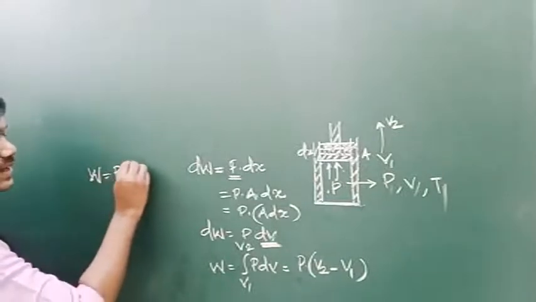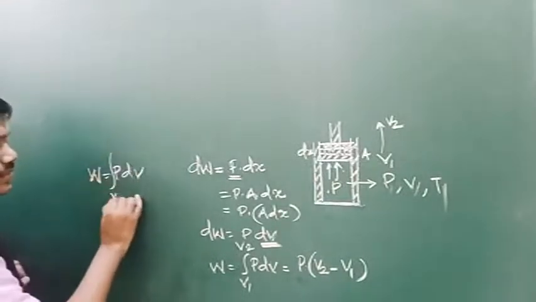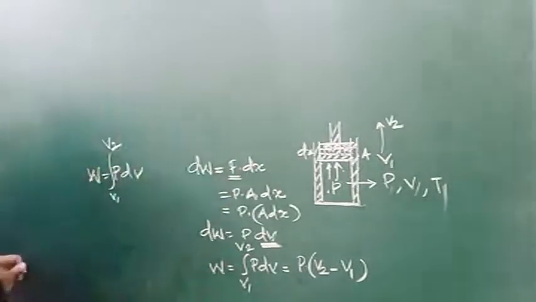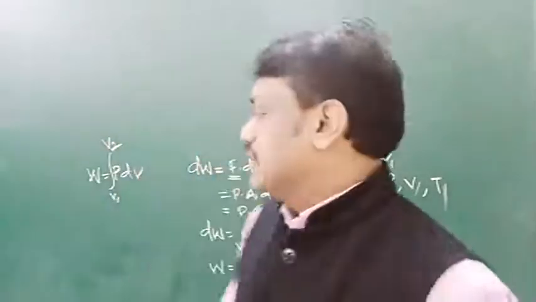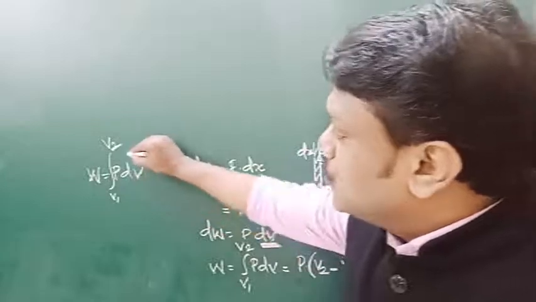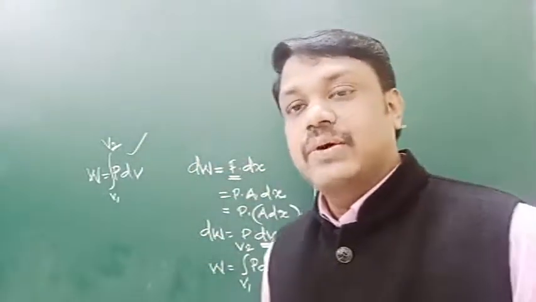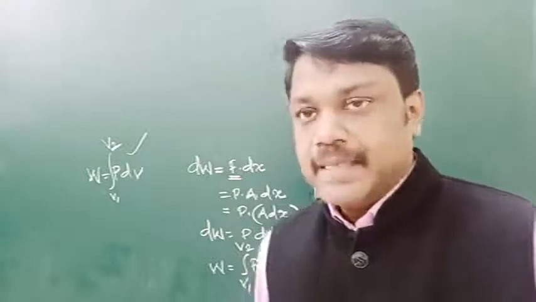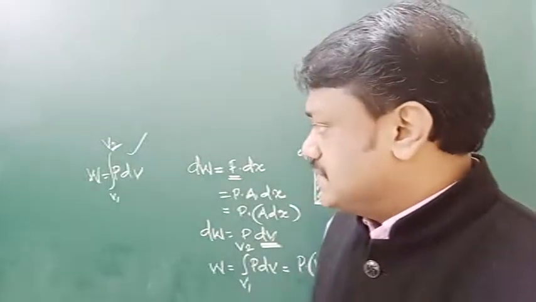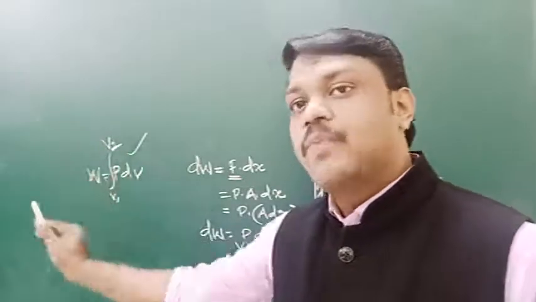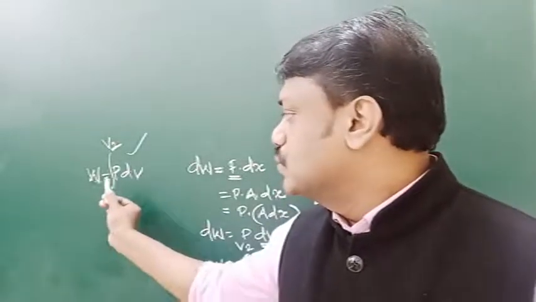This is the general equation for the work done in expansion. So when a system expands from V1 to V2, the work is W equal to the integral of P dV.